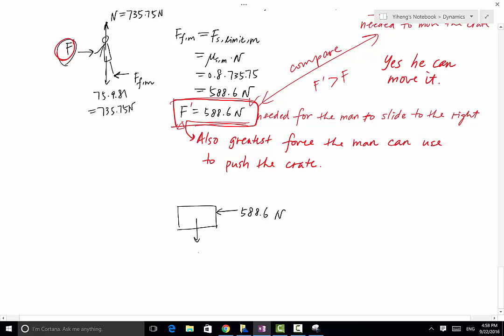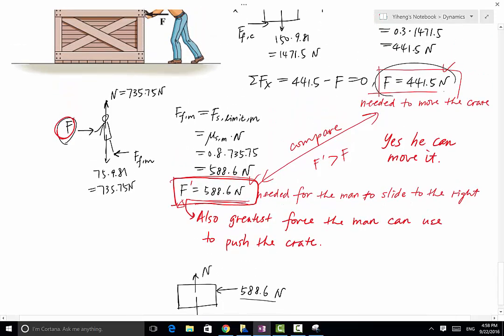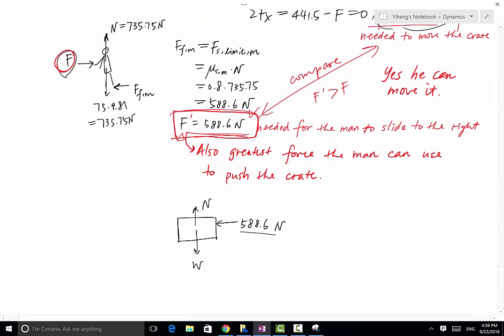The crate is still subjected to the weight and the normal force. These two forces balance out anyway. But now, this force is bigger than the limiting friction, therefore the man is making the crate slide.